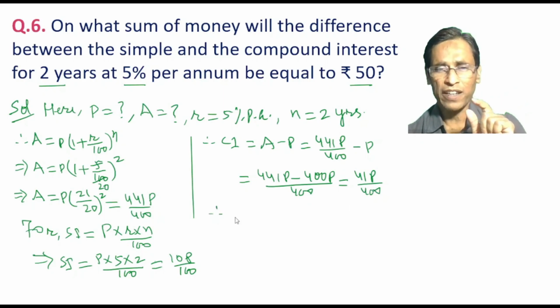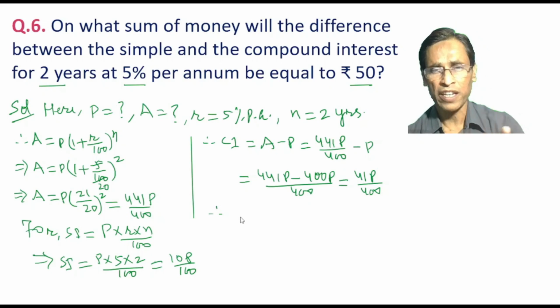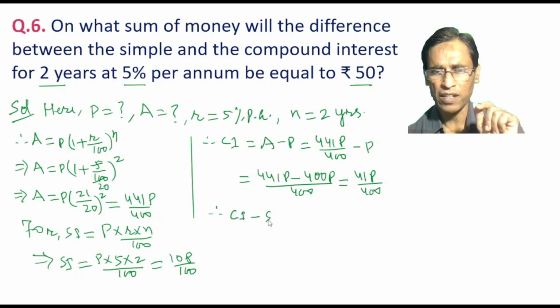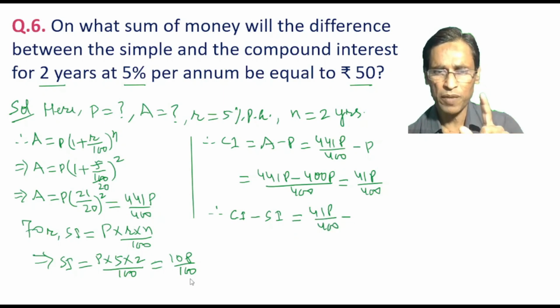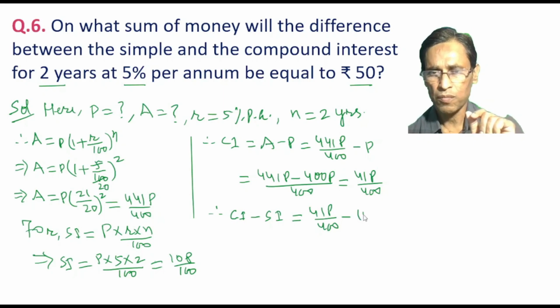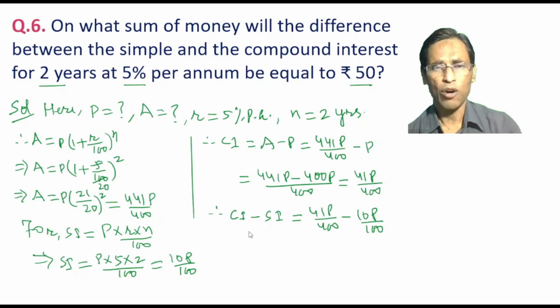Now we shall find the difference between compound interest and the simple interest, that is CI minus SI. So 41P by 400 minus SI, which is 10P by 100. Now CI minus SI will be replaced by the value available in the question as information, which is 50.